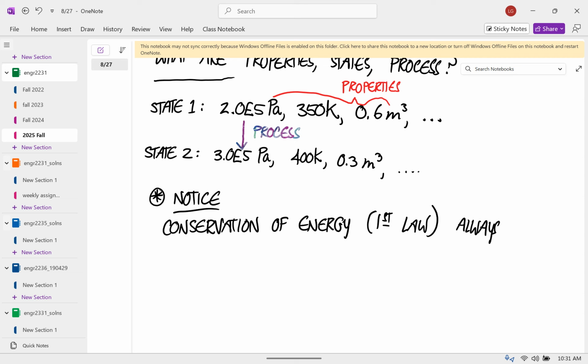So you're talking about the transition from one instant to another. So this always represents a process.